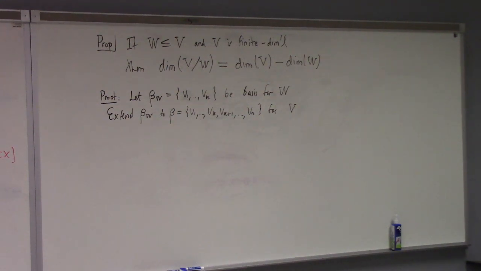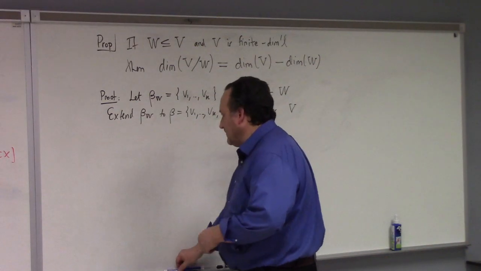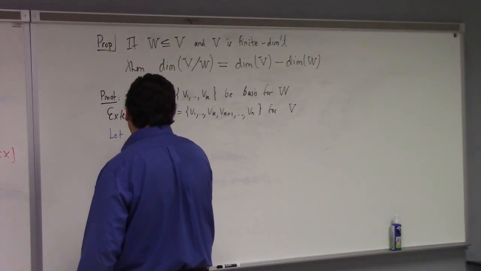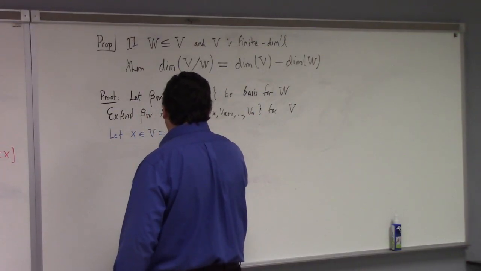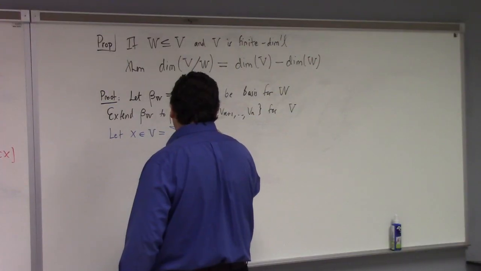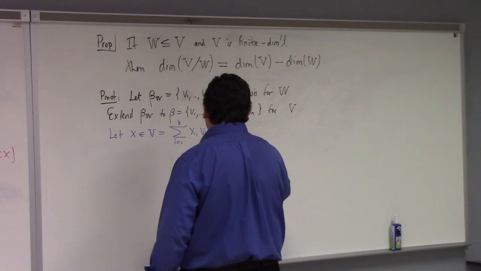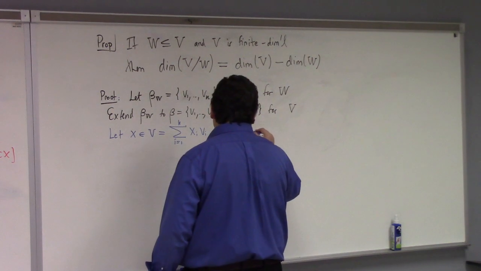So we're looking for a basis for the quotient space, right? Let's think about this. How does this work? Let x be an element of the vector space. Then it's equal to the sum, i equals 1 to k, of x sub i v sub i, plus the sum, i equals k plus 1 to n of x sub i v sub i, right?